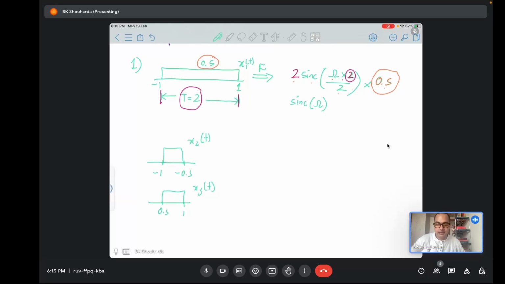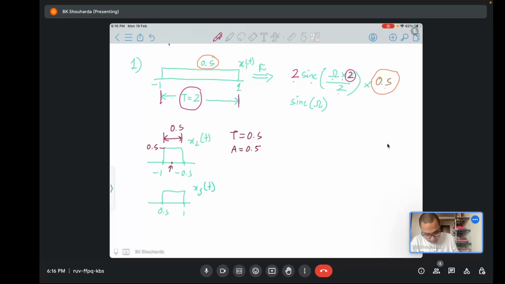few examples itself. So if you look at x2 of t, what is the width? The width is 0.5, right? So T is 0.5, the amplitude is also 0.5, A is also 0.5. Okay, so initially if I consider, okay, one more thing, where is this located around?